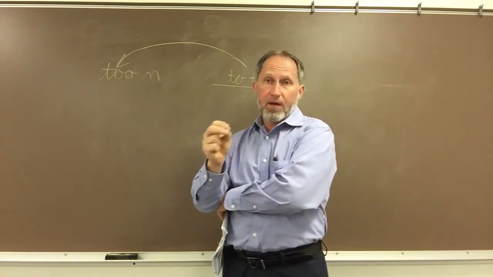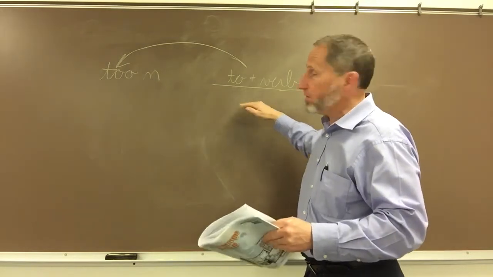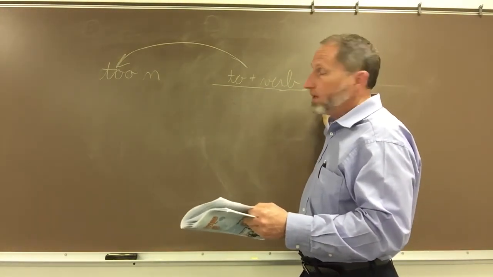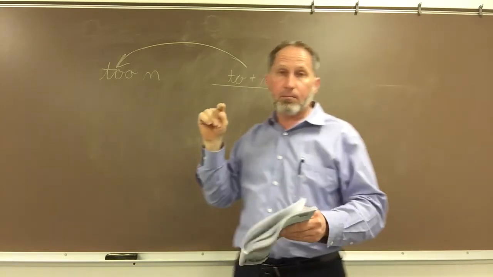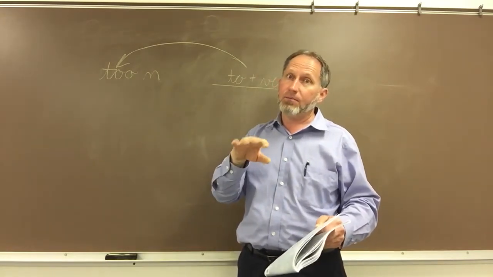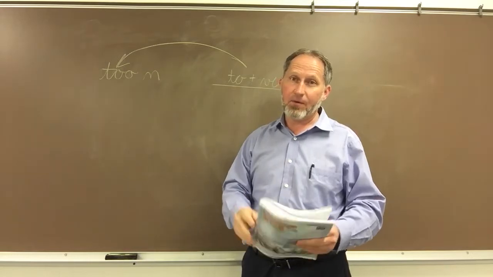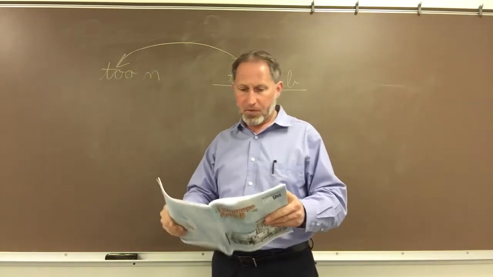So be on the lookout for that. If you have an action verb, ask yourself, is that action being passed? Is this being done to something? Then you may very well have a direct object. So pull out your quiz 1 and look on the back page. Some of you got it right, but I would say most of you missed that one. You'll quickly see, I think it's the second to last one on quiz 1.